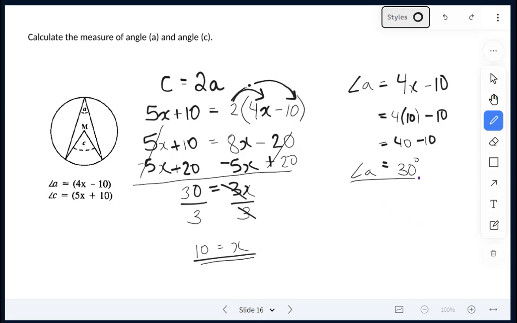And angle C is 5x plus 10. So 5 times 10 plus 10 gives me 50 plus 10, which is equal to 60 degrees.